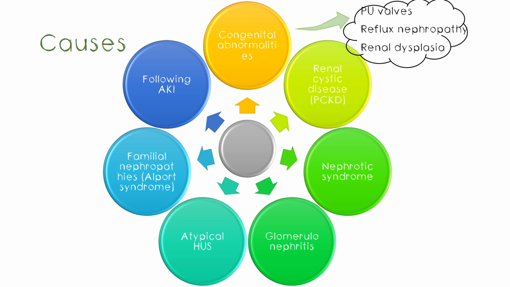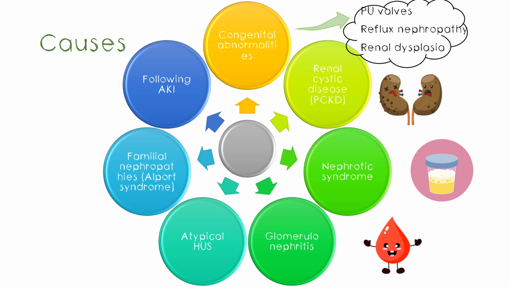This makes them more prone to get kidney damage, fibrosis, and consequent CKD. Some children may have familial renal cystic disease or polycystic kidney disease, which is an autosomal dominant condition. Acquired conditions like nephrotic syndrome, glomerulonephritis, or atypical hemolytic uremic syndrome, which is when hemolytic uremic syndrome is not associated with diarrhea, can also lead to CKD in certain instances and should always be considered.